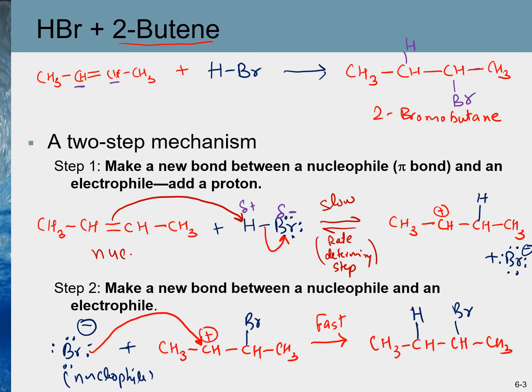The end product, if it is a chiral compound, will always result in a racemic mixture. So for example, in this case, this will be a racemic mixture. The reason it will be a racemic mixture is that the likelihood of this attack on the top side is the same as from the bottom side.